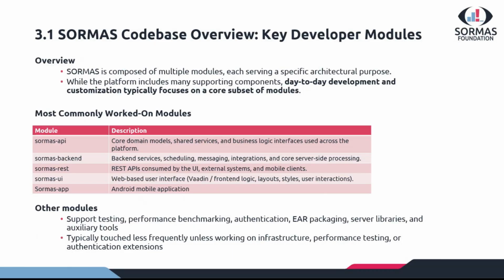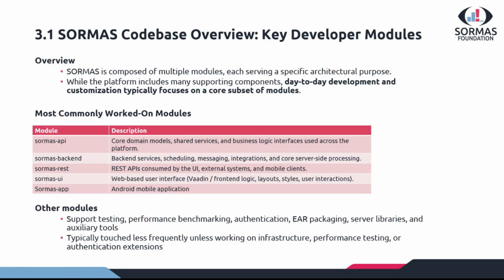So it contains shared classes, shared enums, domain models, interfaces to connect the UI module to the backend module, internationalization, property files, and commonly used artifacts across other modules. So it's very, very important.